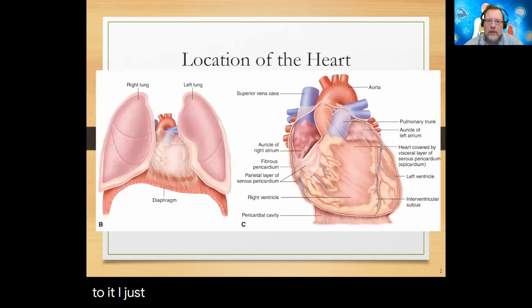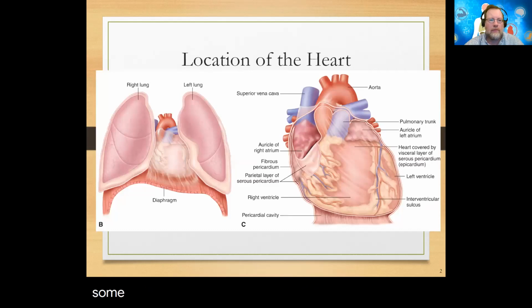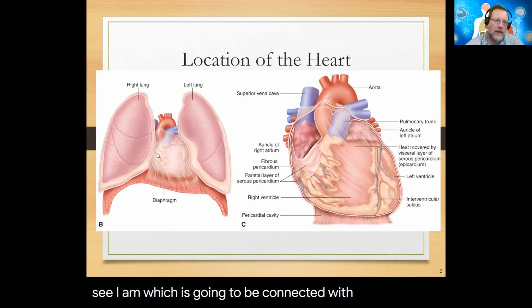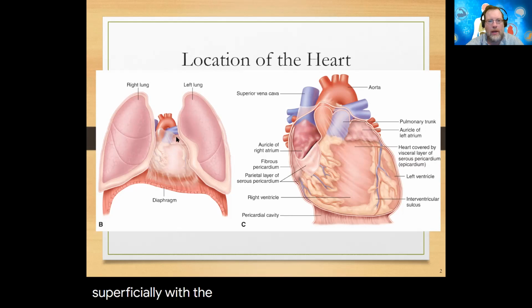I just want to spend a couple minutes going through some review of the heart and where it's located. Again, we see the heart contained in a pericardium, which is going to be connected with the diaphragm. We call this the visceral pericardium, covered superficially with the parietal pericardium. So we can see the parietal pericardium here.